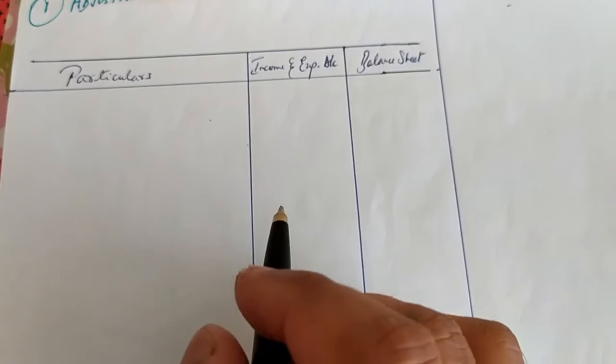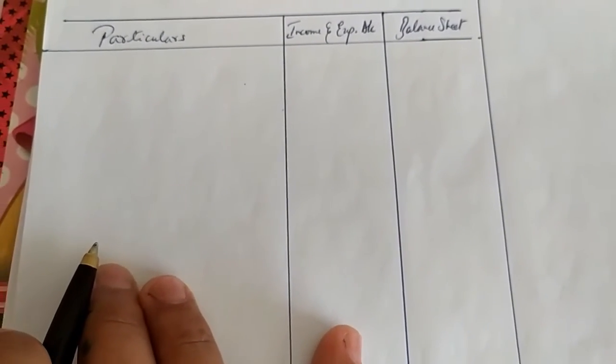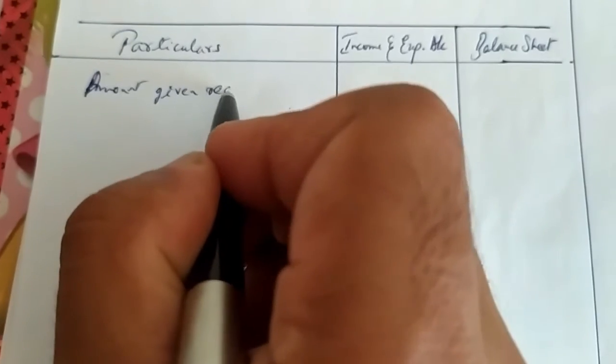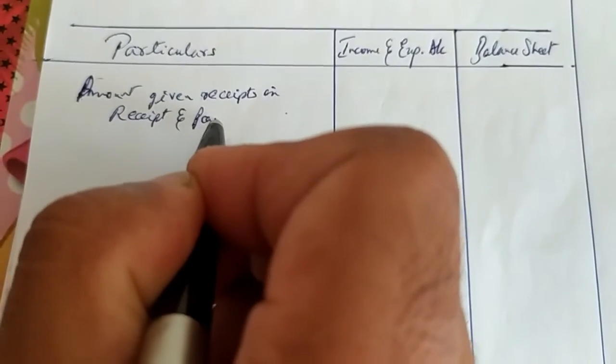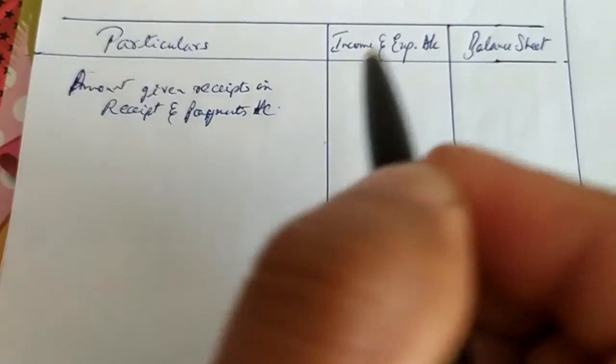In this case it is income which we shall be taking in the income and expenditure account. So to come to that figure of income, we are going to now see a working note. Here you are going to first take the amount given as receipts in the receipt and payment account.